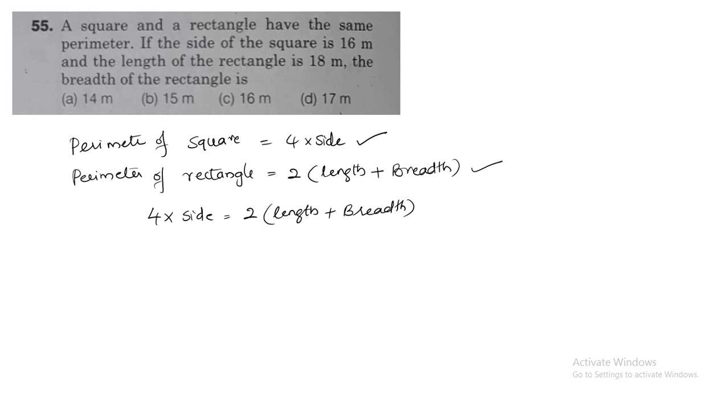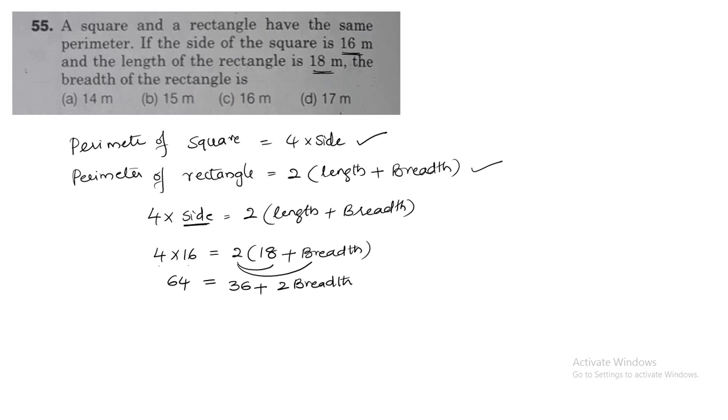Now substituting the values, the side of the square is given as 16 meters, so this becomes 4 into 16 is equal to 2 into, the length of the rectangle is 18 meters, plus breadth, which we don't know, so we are writing breadth as it is. Now simplification, 4 into 16, 16 fours are 64, is equal to 2 into 18, which is 36, plus 2 into breadth.